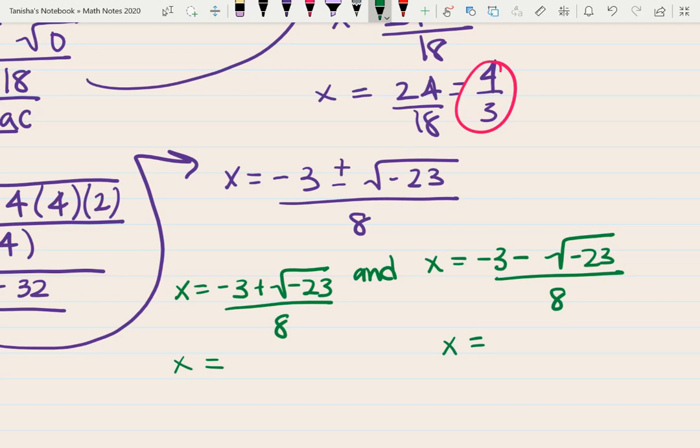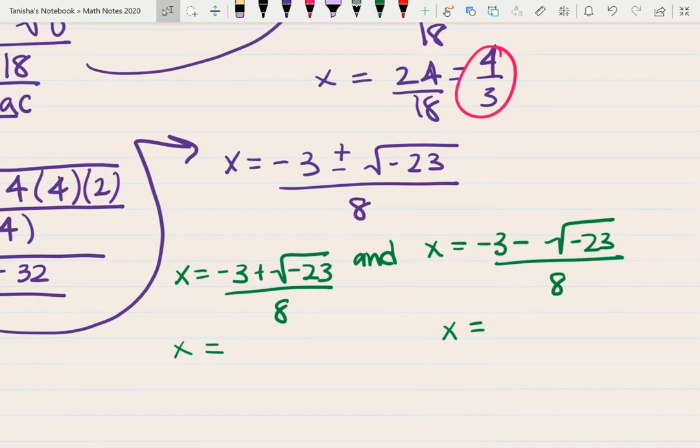Well, we got to figure out what the square root of -23 is. How do you take the square root of a negative number? Well, in grade 10, let's just say we don't. It's not that we can't, but we just don't do it, right?